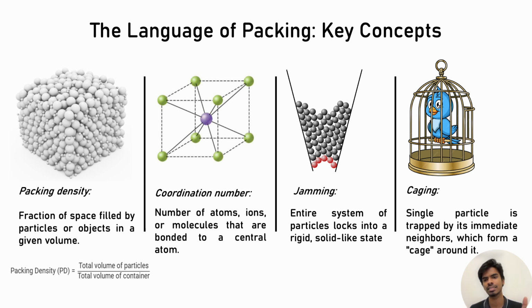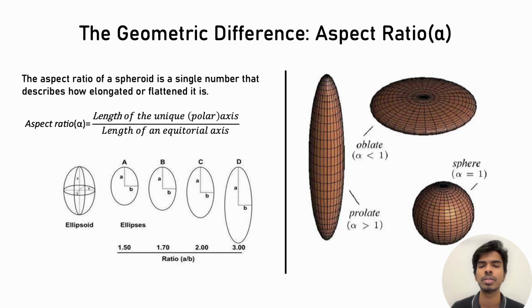Let's get to know some geometrical interpretation which will be useful in this presentation. Here is the aspect ratio. In this paper, the authors were specifically interested in spheroid and ellipsoid particles.